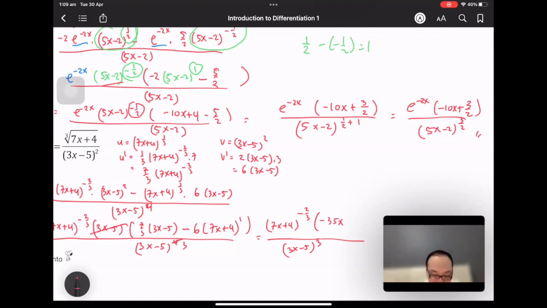And then minus, what is this? 7 times 5, 35 over 3, minus 24. Yeah, 6 times 4, so it's 24. 24 is 72 over 3. So when we minus it, we sum. So it becomes 107 over 3. Okay. So that's the final answer.